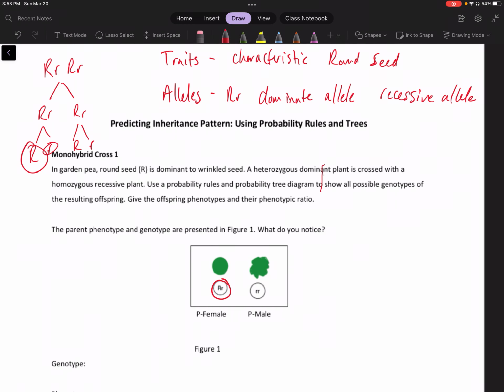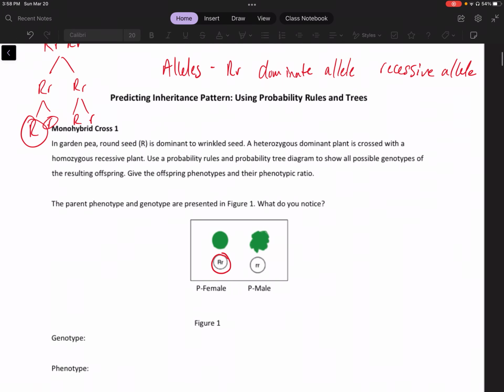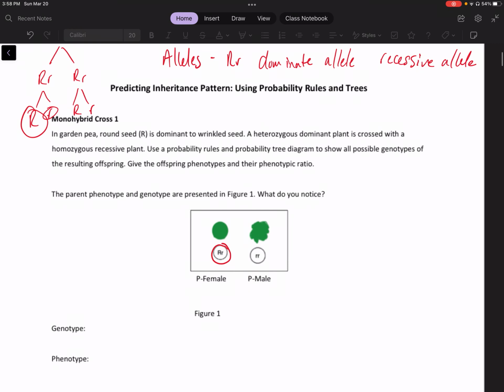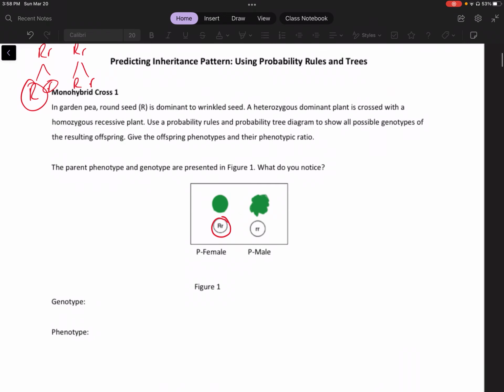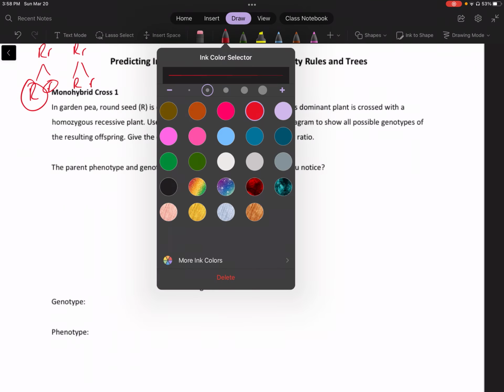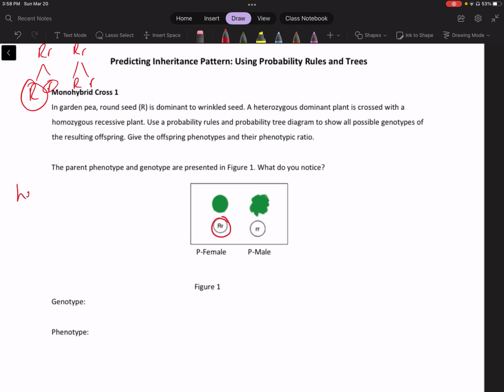So, let's erase that. In a garden pea, round seed, capital R, is dominant to wrinkled seed. So we know that capital R is round, lowercase r is going to be wrinkled. Let's look at what heterozygous means. Heterozygous, or hetero, means different.